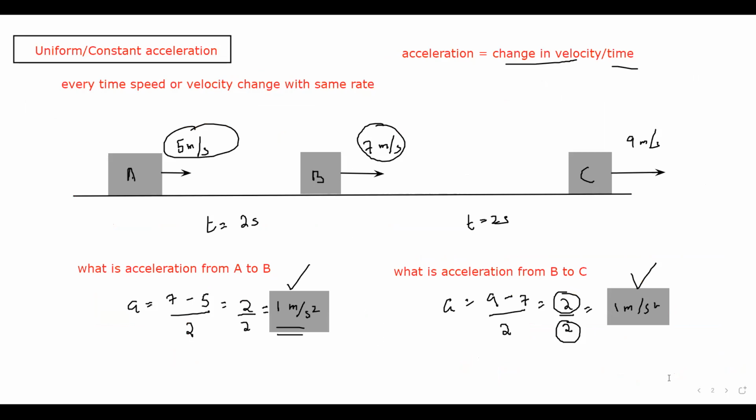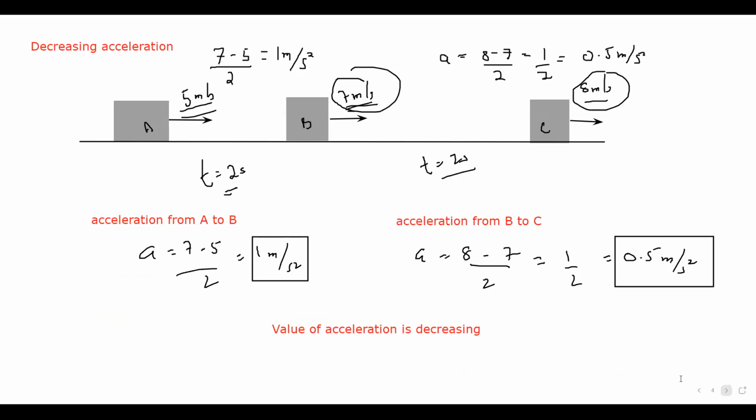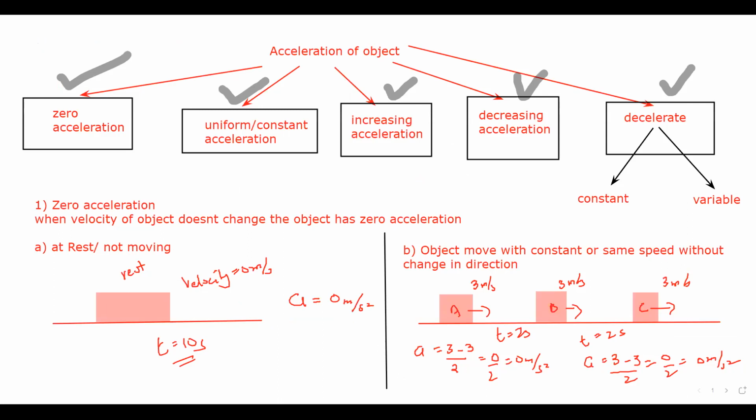It might have increasing acceleration, the value of acceleration might increase. It might have decreasing acceleration, or it might have deceleration. The term deceleration means that the value of the object's speed or velocity will decrease. Is it clear, this whole concept? So we'll move on to the questions.